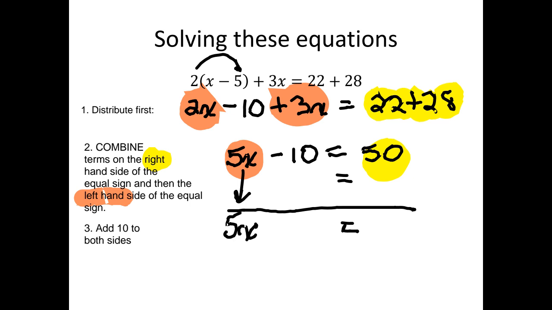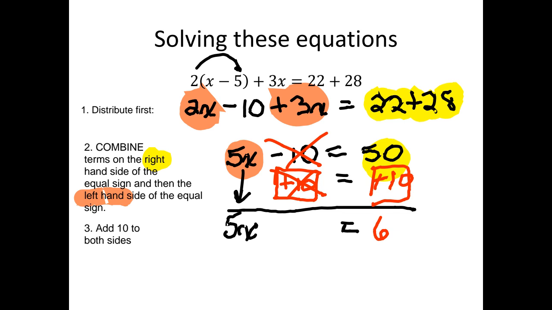But in the boxes here, I add 10, but I add 10 here. This and this must cancel out because I got to get 0 behind 5x. This will give me 60.